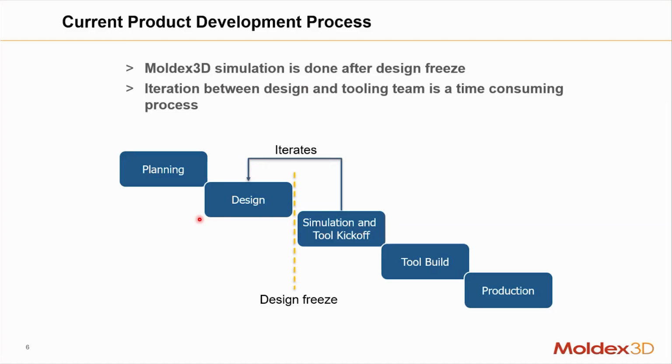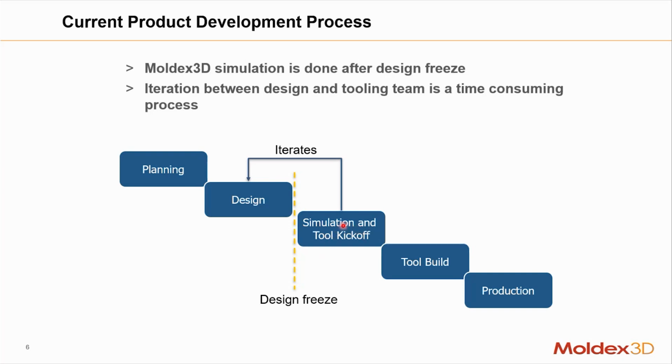First, this is probably the most common current design workflow. Most designers, after they finish, the design is frozen. Then they send the design to the tooling team or simulation team.